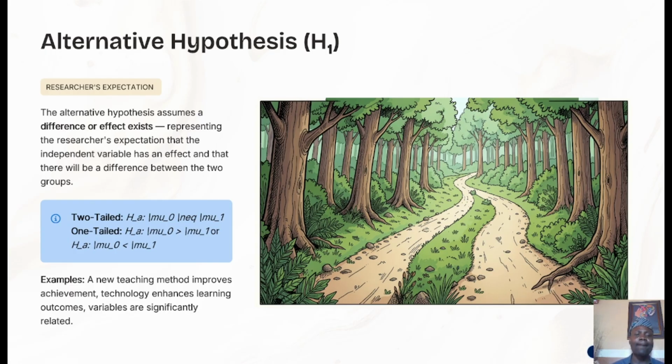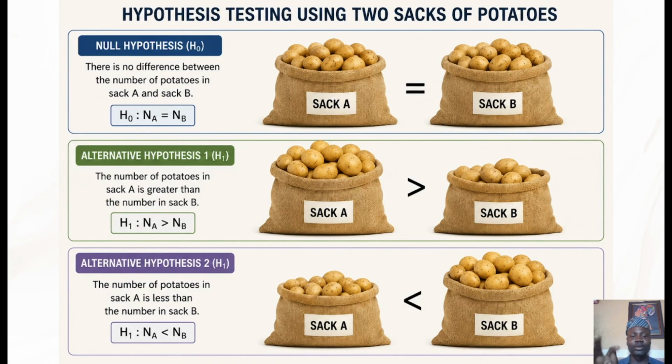So, for instance, the alternative hypotheses possible for these potatoes may be hypothesis 1: the number of potatoes in sack A is greater than the number of potatoes in sack B. Another alternative hypothesis is that the number of potatoes in sack A is less than the number of potatoes in sack B. These two forms are the alternative hypothesis that is speaking to the fact that there is a difference, although the direction of the difference is not known yet.